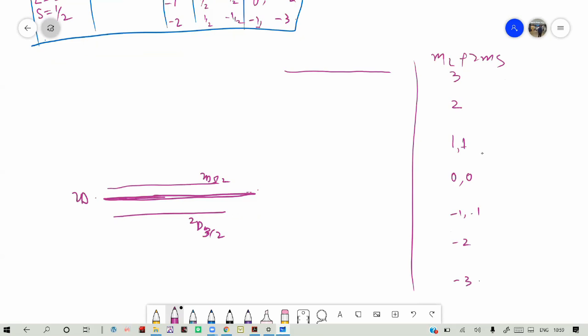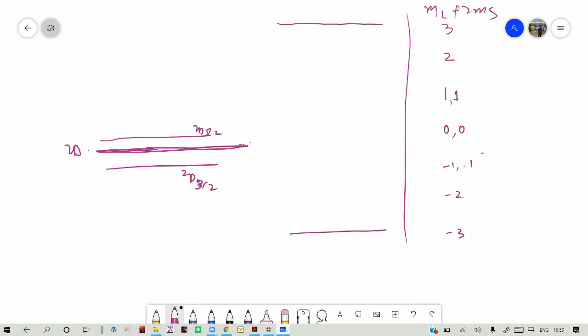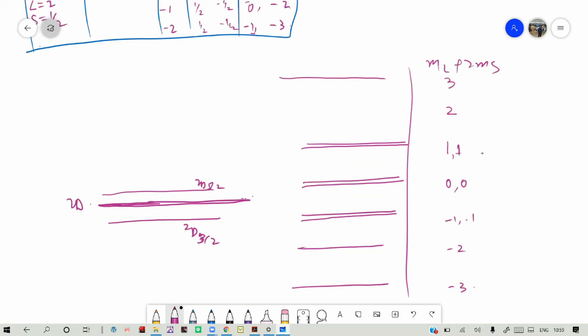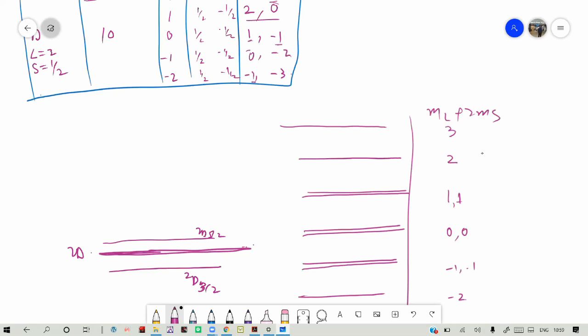Now draw the lines. These are the lines. These will be 2 lines, but they will be of the same energy. Here, these will be 2 lines of the same energy. Here also, 2 lines of the same energy. And this is a single line, and this is another line. You can draw them like this.